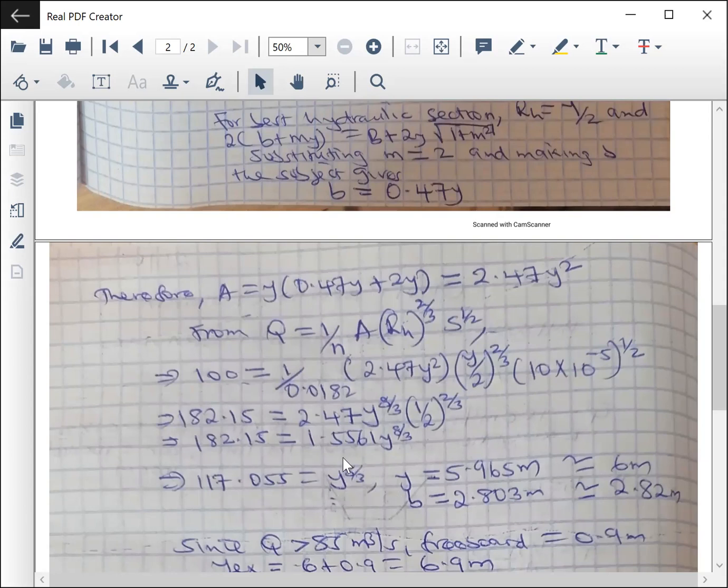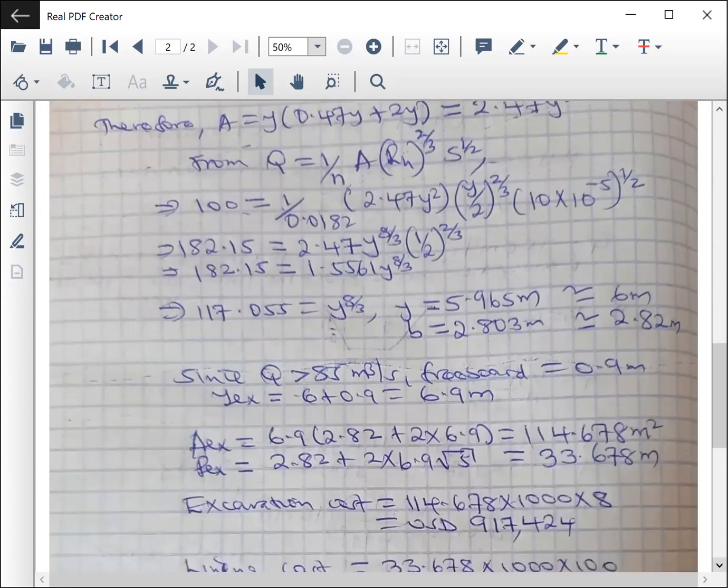So from here, if you make y the subject, you find y will be equivalent to 5.965 meter, which is approximately, for convenience of construction and excavation, you take 6 meter instead of 5.965. Now we said breadth B was 0.47y. So we replace 0.47 times 6 meter. You get B will be equivalent to 2.82 meter.